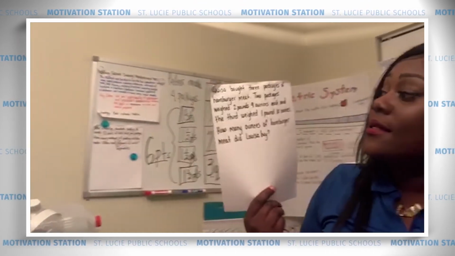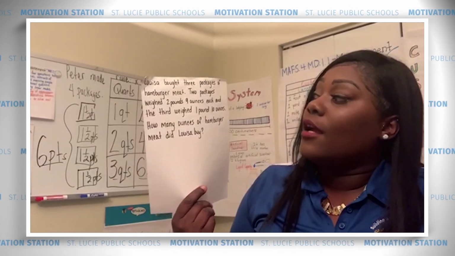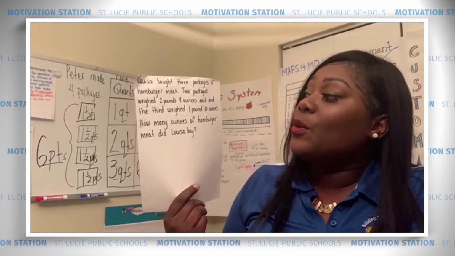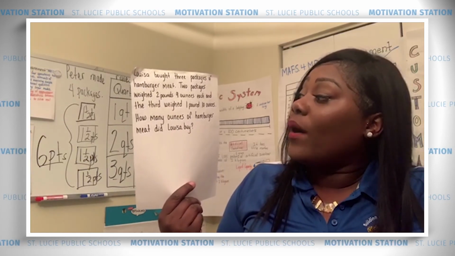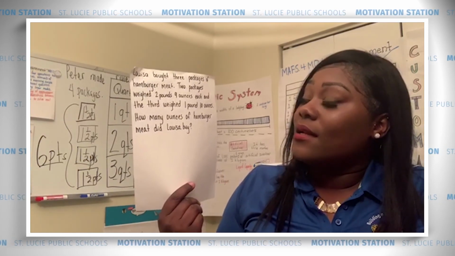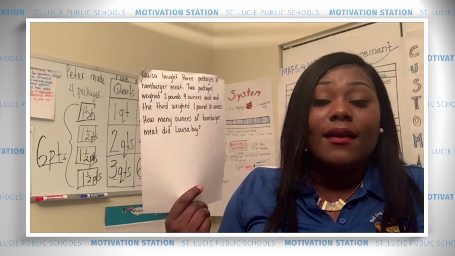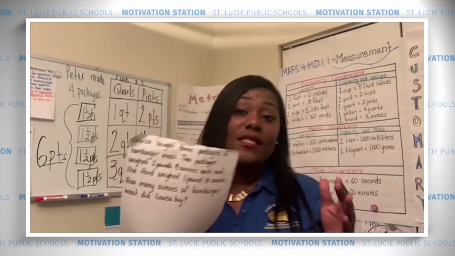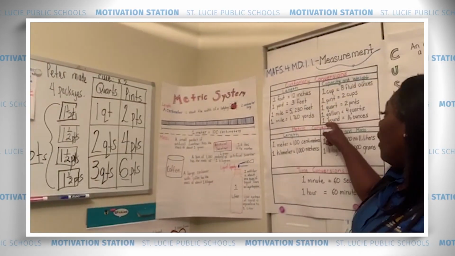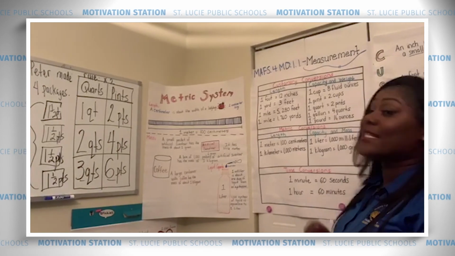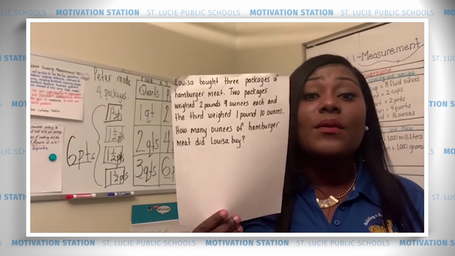It reads, Louisa bought 3 packages of hamburger meat. 2 packages weighed 2 pounds, 9 ounces each, and the third weighed 1 pound, 10 ounces. How many ounces of hamburger meat did Louisa buy? Here you're looking at ounces and pounds, and we want to take a look at our reference sheet really quickly. 1 pound is equivalent to 16 ounces. So go ahead and convert this, and I'll see you guys next time.